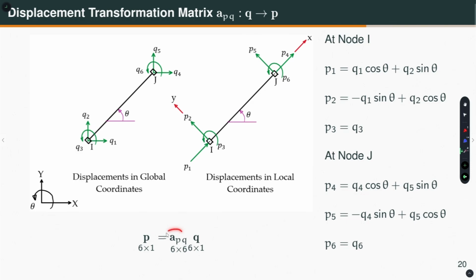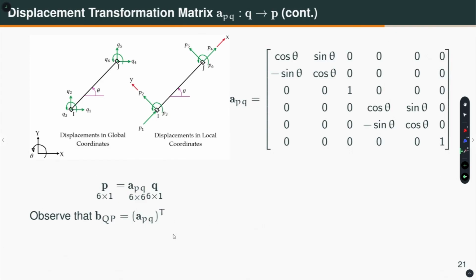I am transforming them through a matrix A, P, Q. Remember the notation: P is on the left hand side, Q is on the right hand side, so I am transforming Q to P. This is the transformation matrix APQ. And observe, you have seen the BQP, and now you see APQ. They are transposes of each other, and that is the property. The displacement and force transformation matrices are transposes of each other.